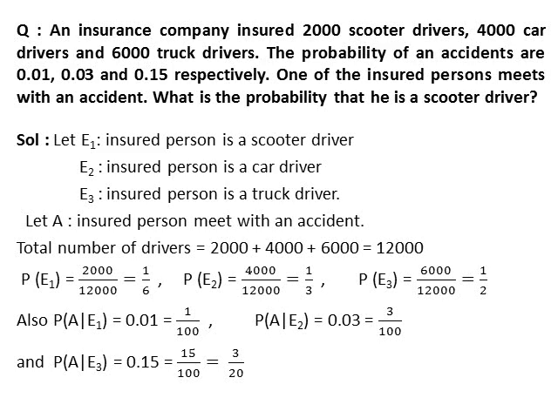And P(A given E3) equals the probability that the insured person meets with an accident given that he is a truck driver, which is 0.15, equal to 15 by 100, which is equal to 3 by 20.